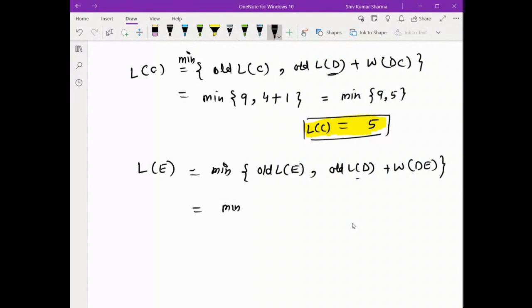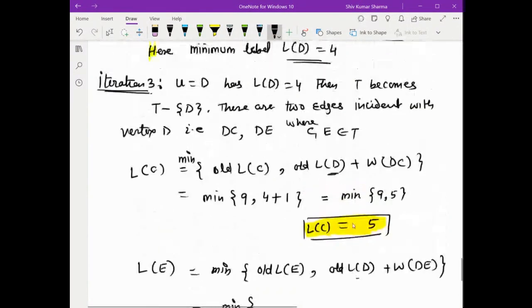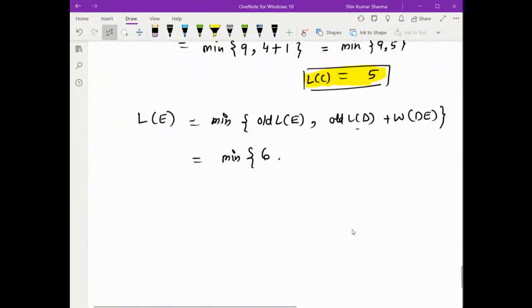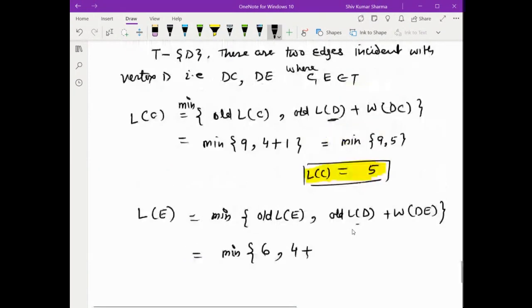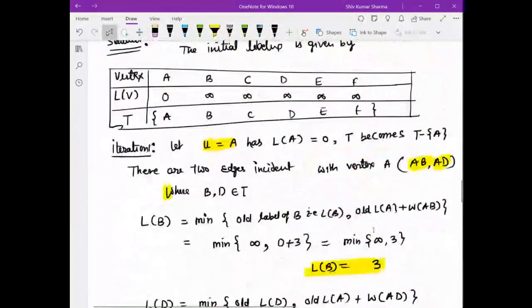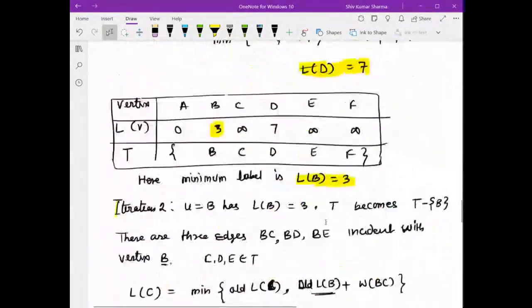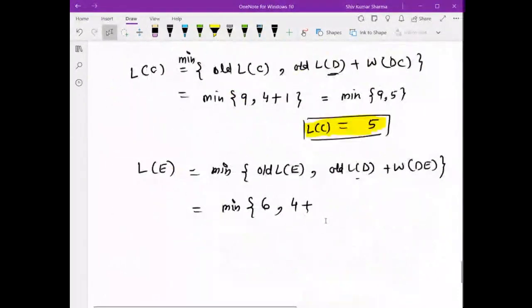So this equals the minimum of the old level of E. What is the old level of E? Old level of E is 6, and the old level of D is 4, plus the weight of DE. Weight of DE is 4.